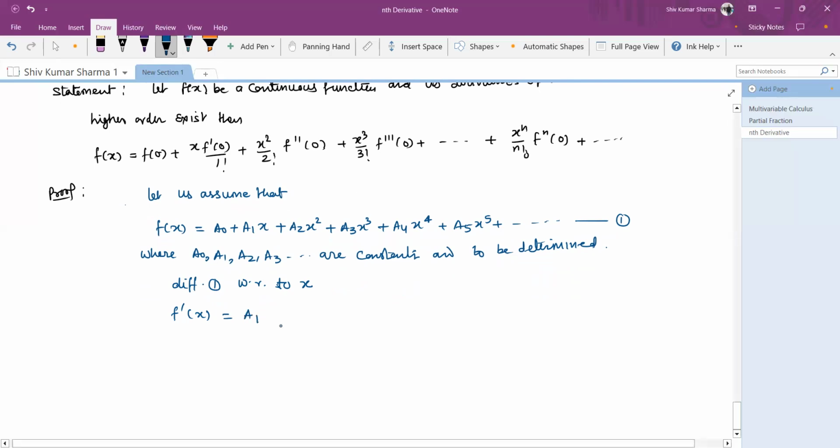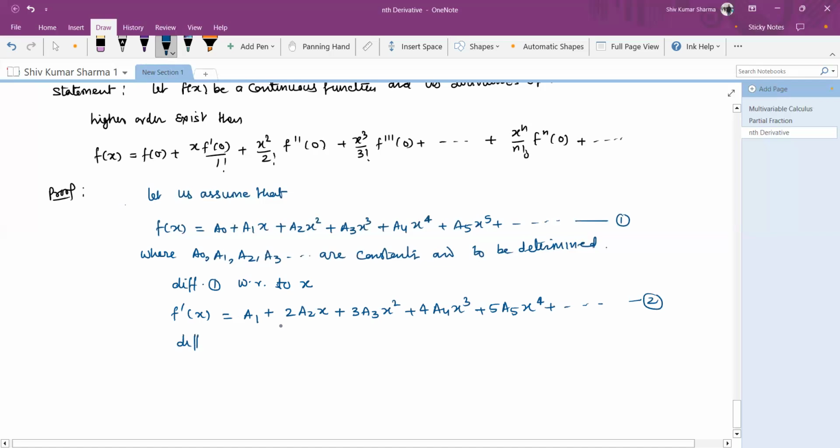So a1 plus the second term 2a2 into x, plus the third term 3a3 into x square plus 4a4 into x raised to the power 3 plus 5a5 x raised to the power 4 plus and so on. So this is our equation 2.